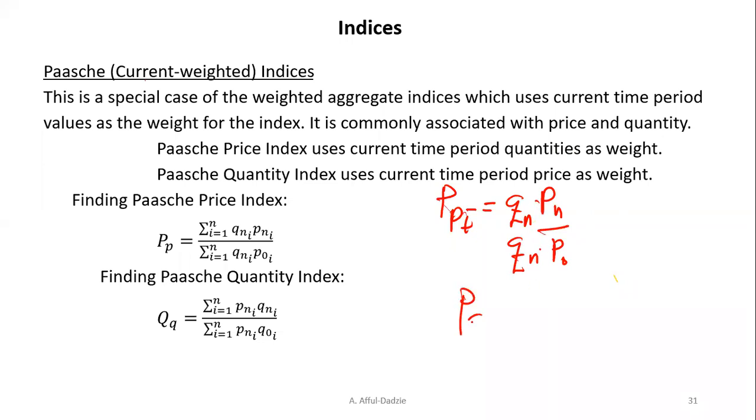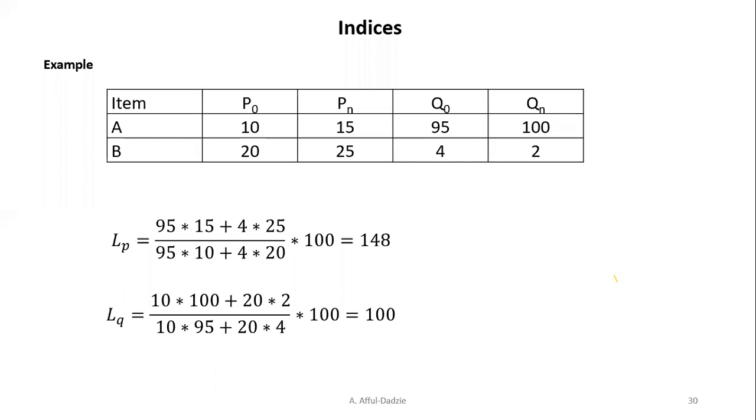But if you're computing the Paasche quantity index, which you know is QN over Q naught, then we would use the current price as the weights. Are we okay? Is everyone okay? Perfect.